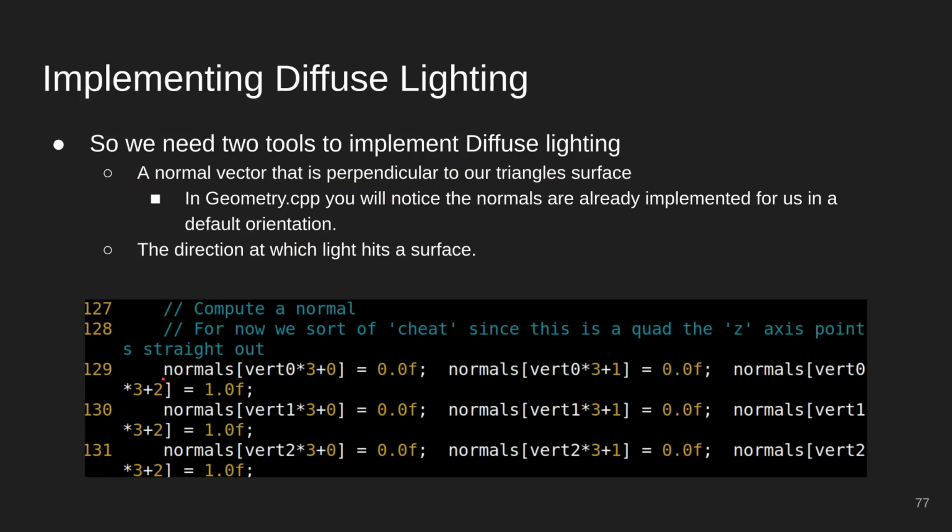I know folks have been asking me in office hours, when are we going to make use of the normals? Well, now we need to. And in this case, in geometry.cpp, you'll notice that I've already given you a default orientation for the normals, the direction at which the light's going to hit the surface. Those are already going to be set up in your triangles for you.